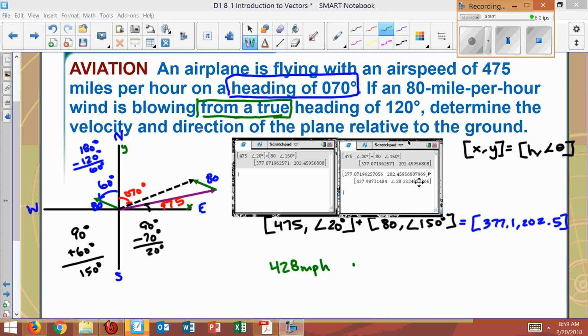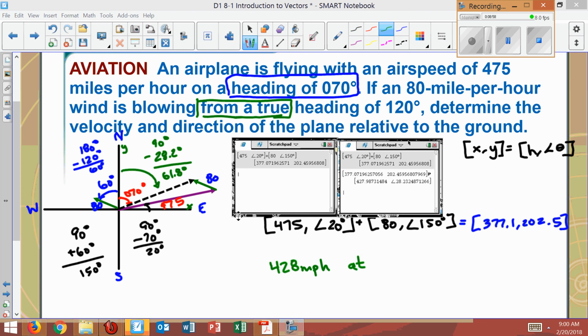And this is 28 degrees from the x-axis, but to get it into a heading, we would actually need to change it from the north. So from the north, if this is 28 degrees this way, then to find this angle here, what we would do is say 90 minus the 28.2 degrees from the calculator. And what do we end up with? We would end up with 61.8 degrees.